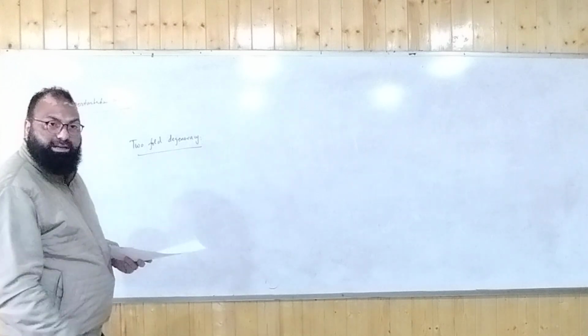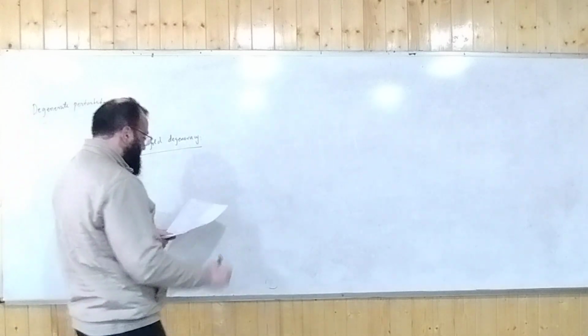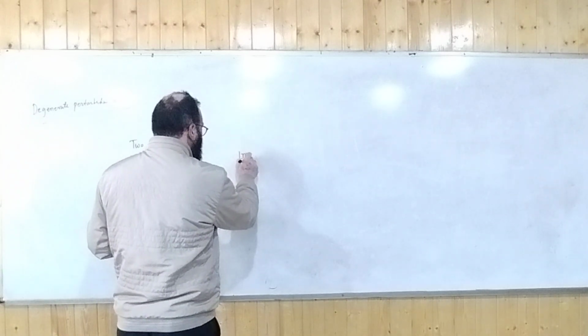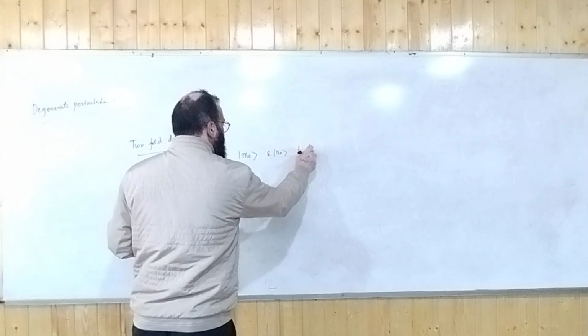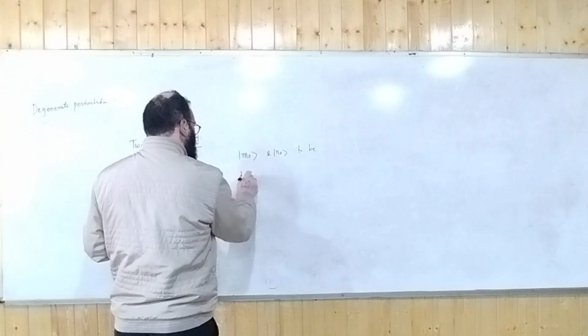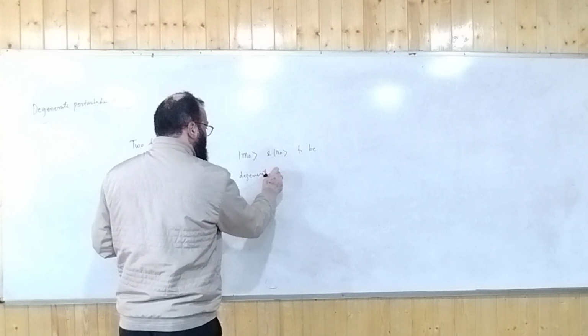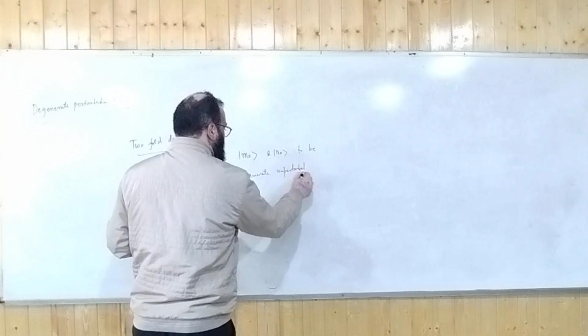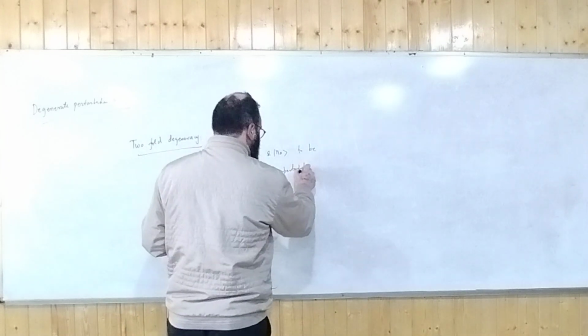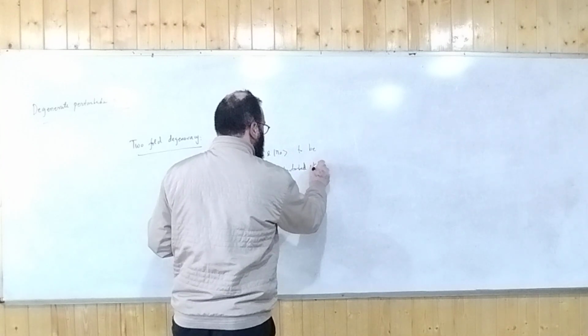Okay. So what does that mean? I am considering two states having the same energy. Let's take |m0> and |n0> to be degenerate, unperturbed kets. Unperturbed states are kets.